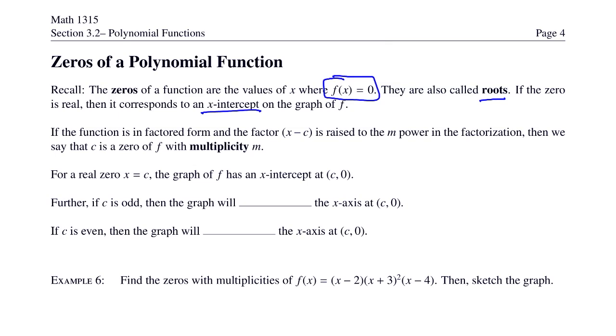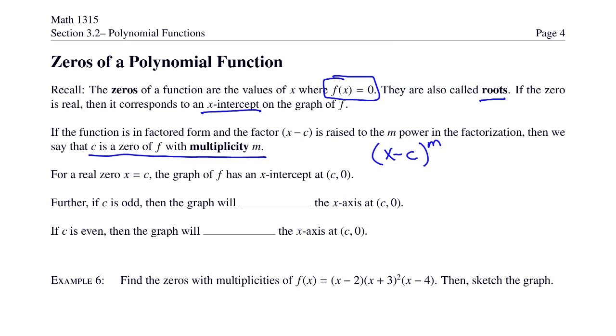If the function is in factored form, and the factor x minus c is raised to the m power in the factorization, then we say that c is a zero of f with multiplicity m.